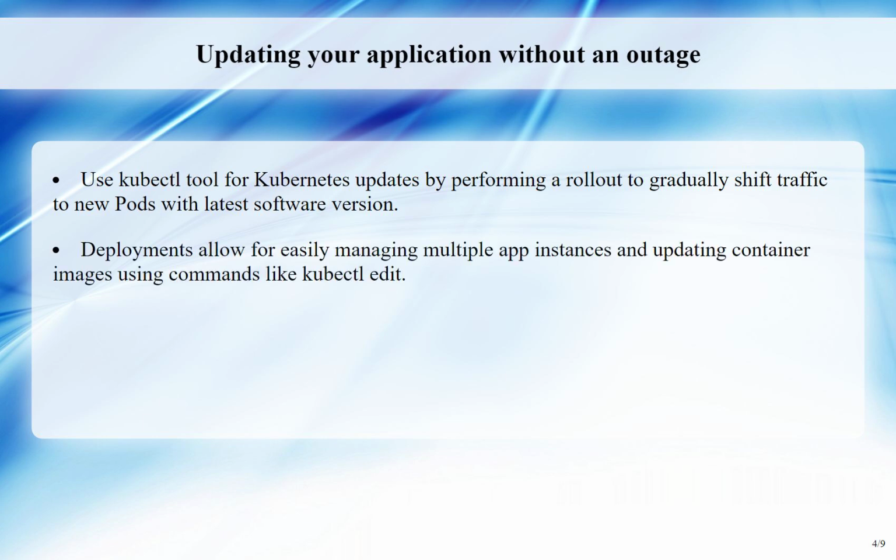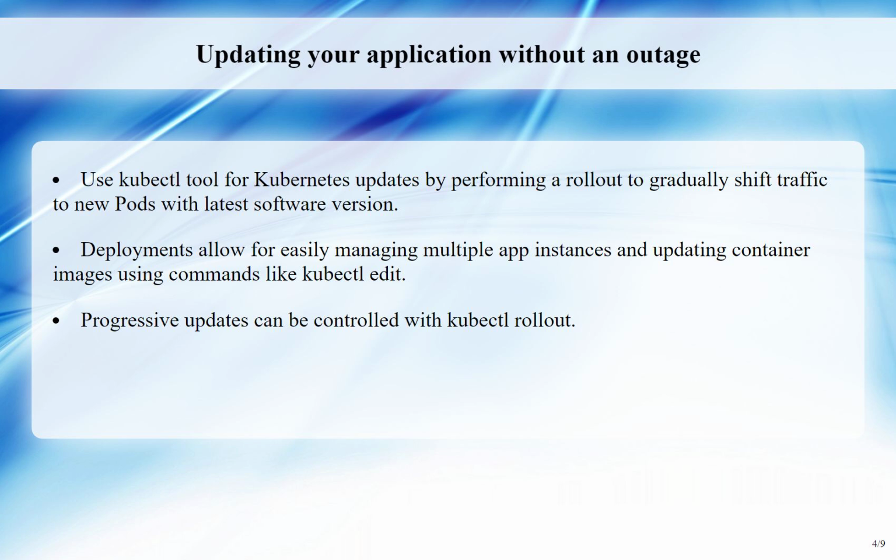By creating and updating applications with deployments, you can easily manage multiple app instances. For example, to update from version 1.14.2 to 1.16.1 of Nginx, you can edit the container image using kubectl edit. This initiates a progressive update behind the scenes, allowing a controlled number of old replicas to be down while new replicas are created.